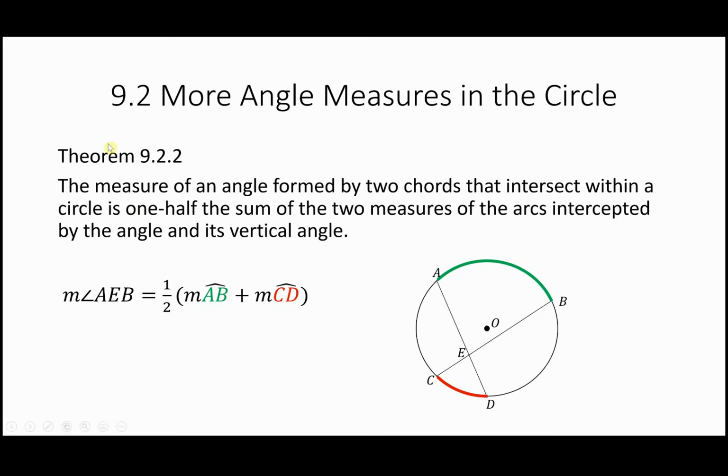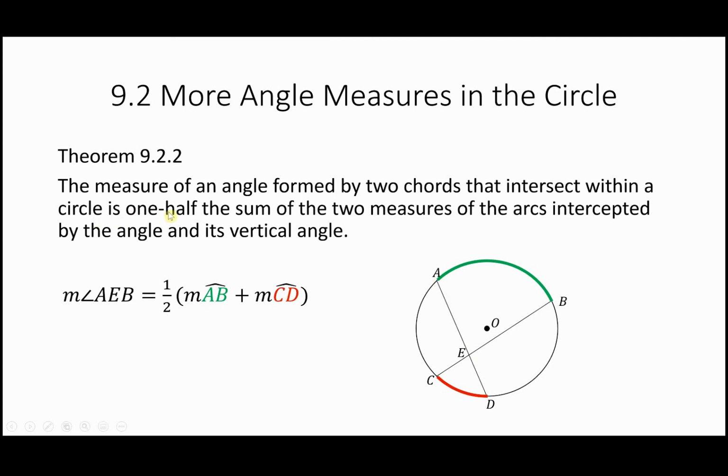So let me just read the theorem one more time, having the benefit of this figure here. The measure of an angle formed by two chords that intersect within a circle. So these are the two chords that intersect within the circle, chords AD and BC. If we want to find the measure of the angle that's formed here, I'm talking about angle AEB or CED. Those are the angles we're talking about.